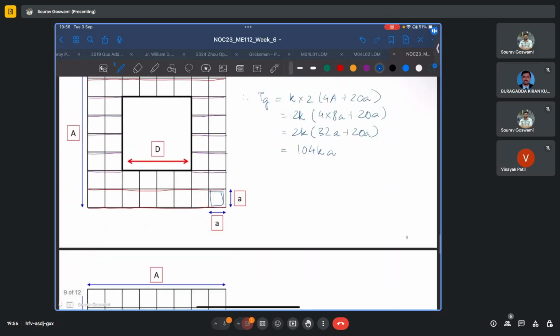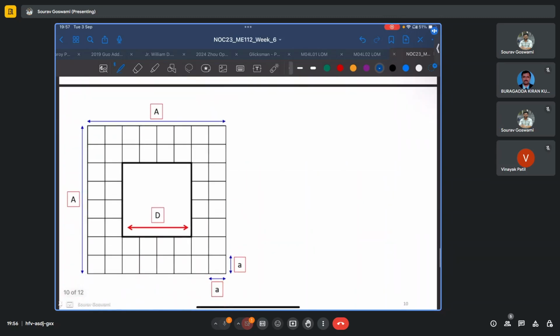Now, similarly, if you want to find out the time taken for scanning the contour, it will be denoted by some other notation, say TC.